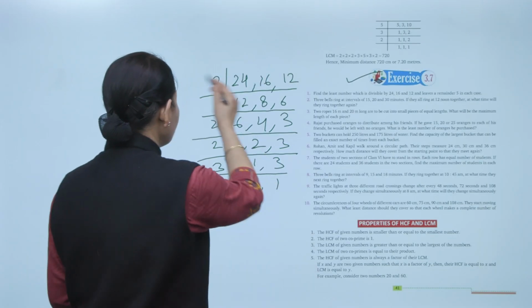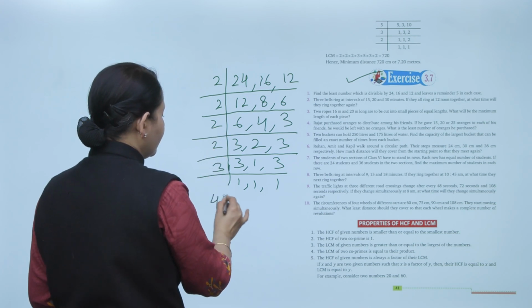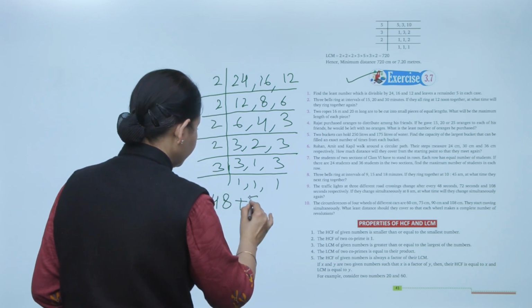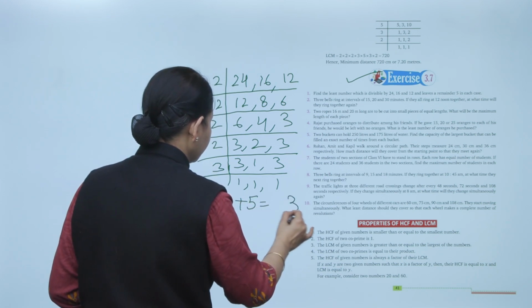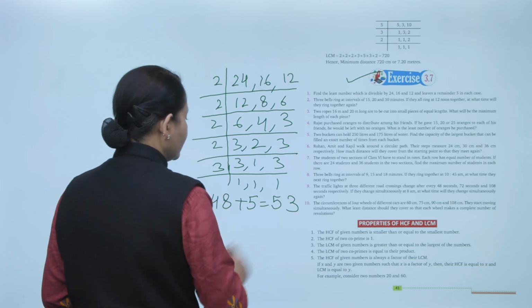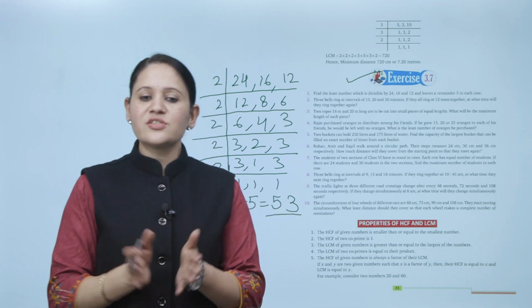So LCM हो जाएगा 2 into 2 into 2 into 2 into 3, that is 48. Now in each case remainder is 5, so we'll add 5 to it. So answer is 53. So practice all the questions of this exercise.